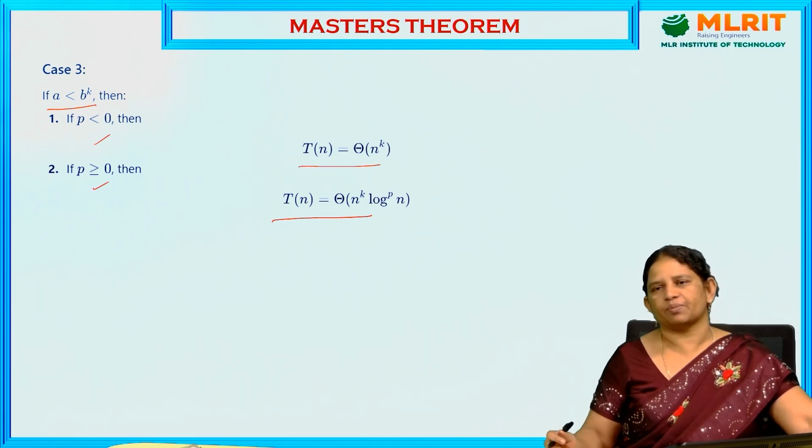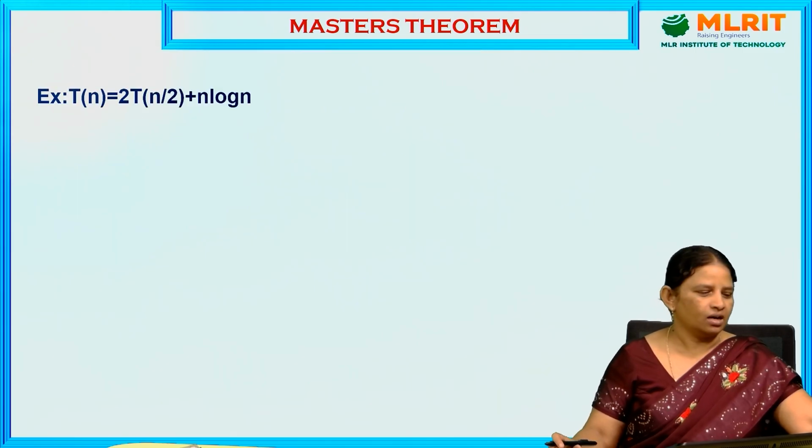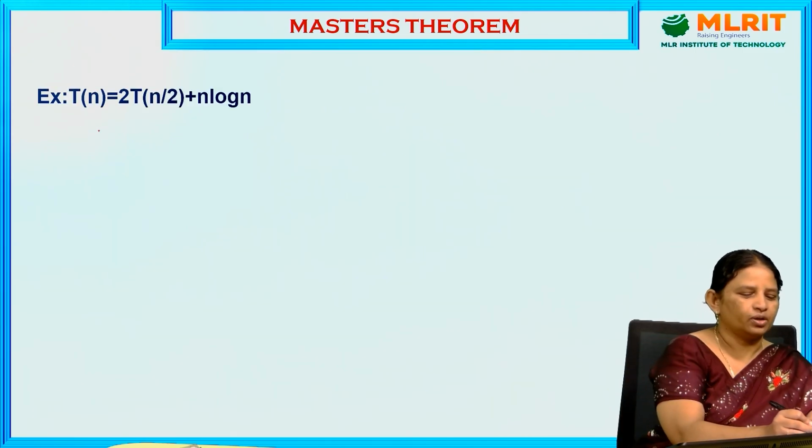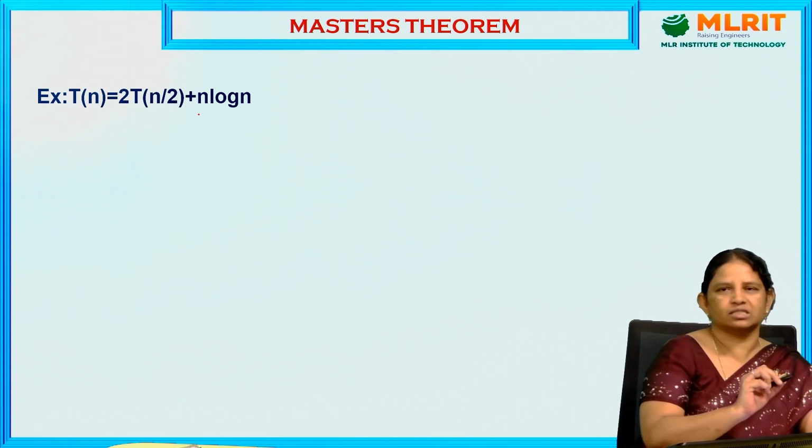Let us discuss some examples based on the second variation of Master's theorem. So consider T of n equal to 2T n by 2 plus n log n.